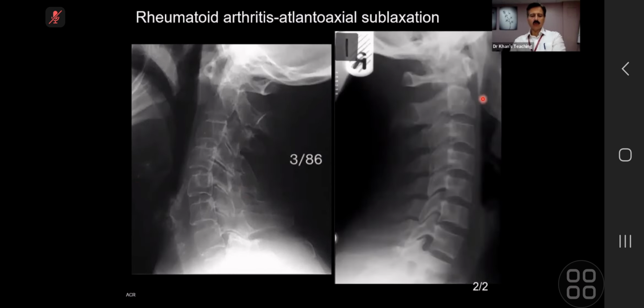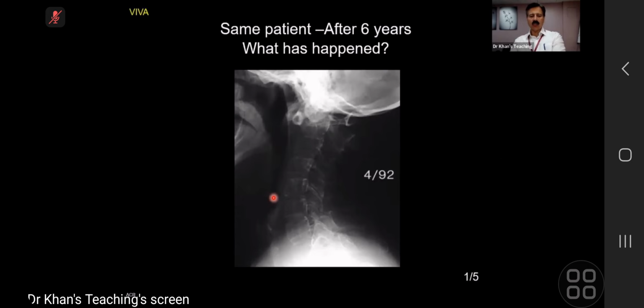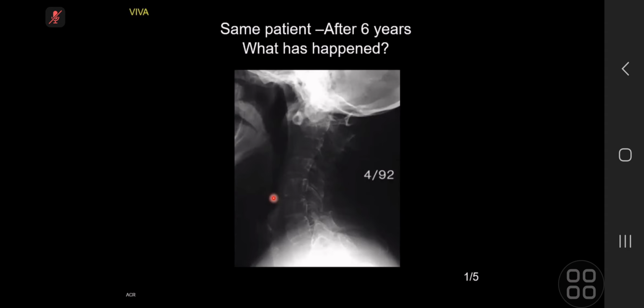Now, just to go back to your anatomy, this is the normal, and you can see that this distance has increased. Now, what has happened after 6 years? Over to you. What do you think has happened? Same case. Basilar invagination. Okay, so can you describe the findings for me?